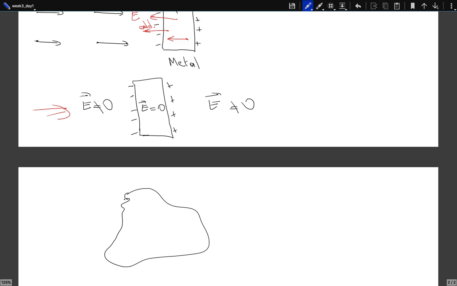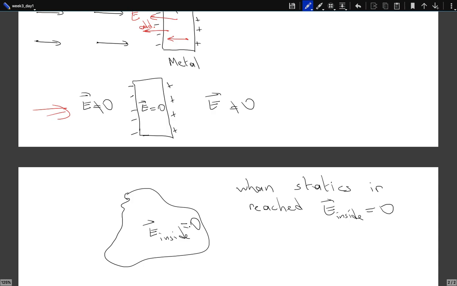So when statics is reached, again, we won't have any electric field inside. Because otherwise, if there is any electric field left inside, that would mean that the electrons inside my conductor will be moving around. Well, that would mean I haven't yet reached the static configuration.